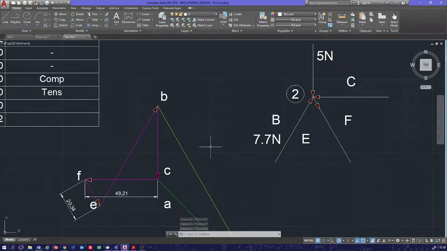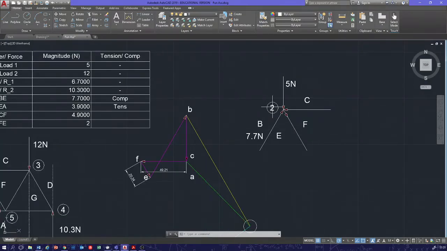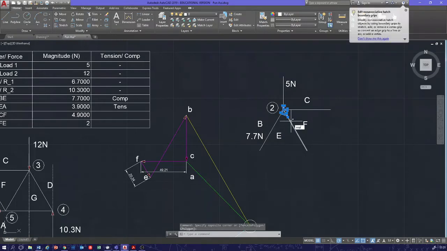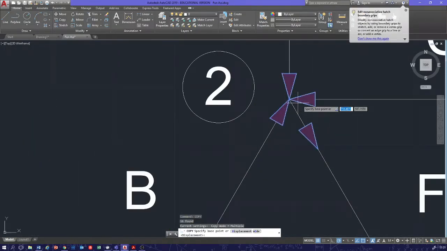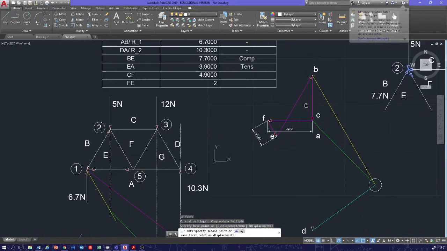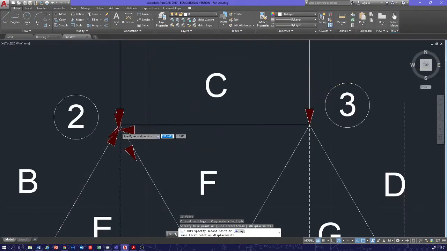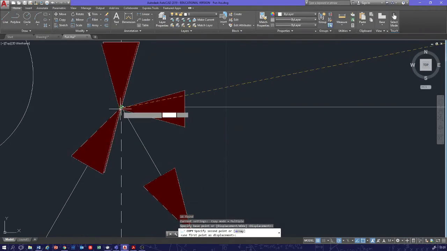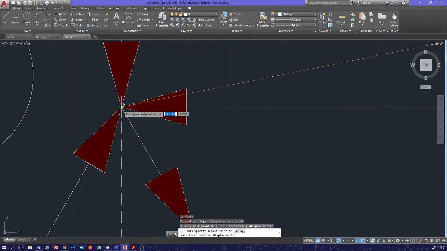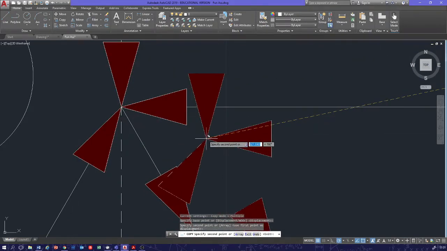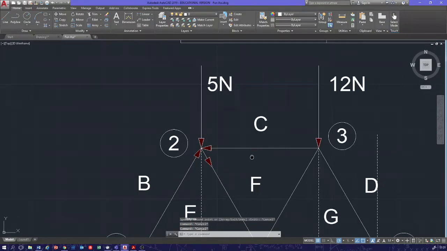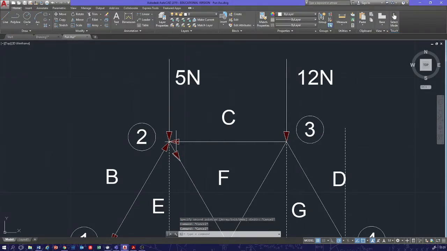So what happens now when we take those back to the full space diagram? Okay, right. Let's copy, and we're just going to copy that from the intersection there. Look at this magic. Isn't that the right point? There, perfect. Okay, so you can see we've now got our arrows there.